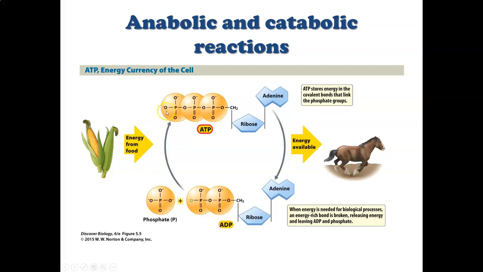So even though nothing has been consumed, we've just broken one thing off, this structure right here with the 3 phosphate groups is higher in energy than this structure. It's not because the phosphate is consumed, it's because that piece has been broken off. Right? I want you guys to imagine a pen with a removable cap.